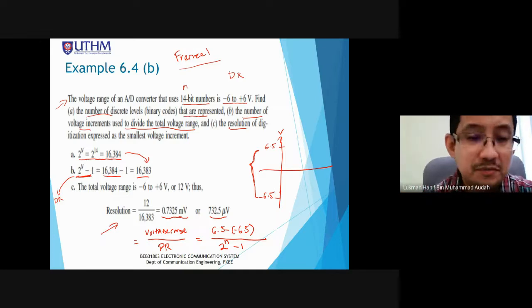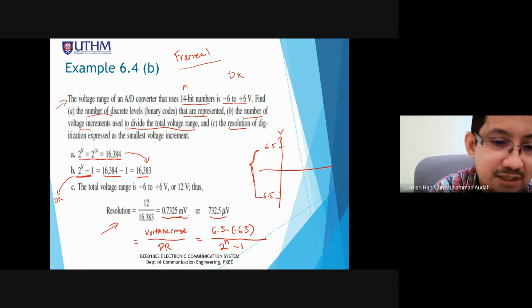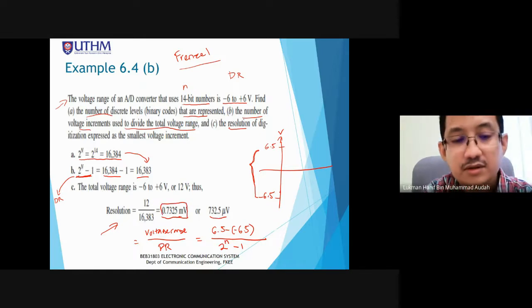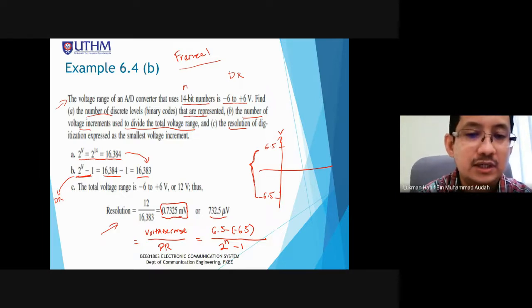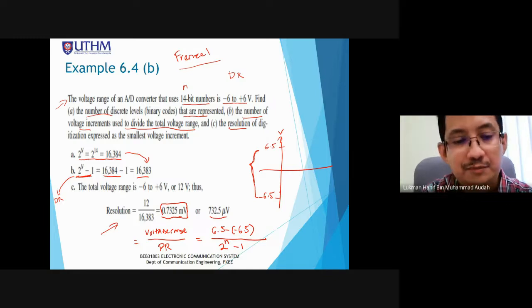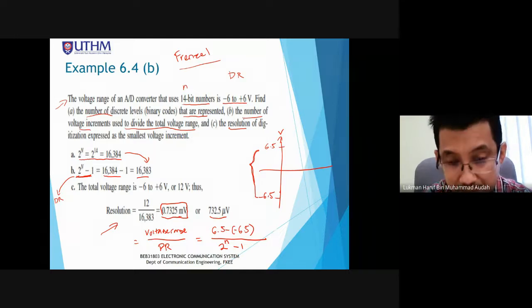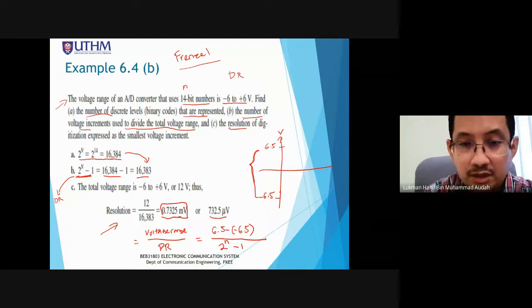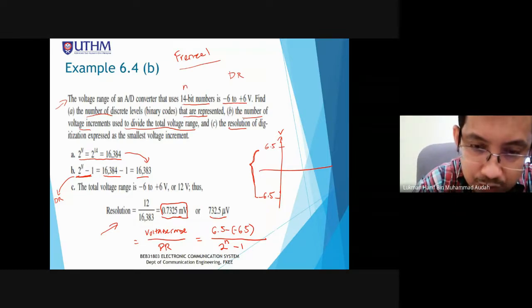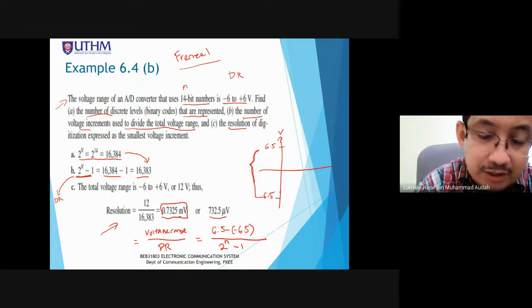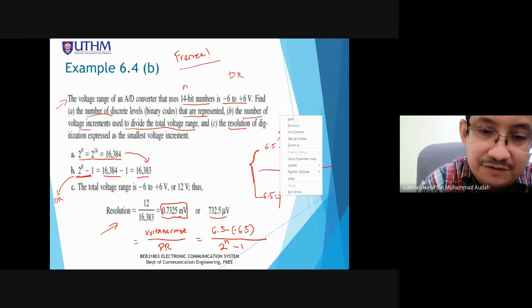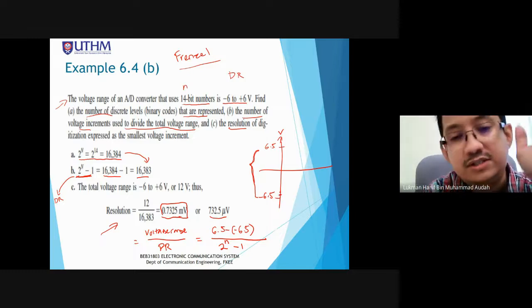Sama je lah, tak ada beza. Maknanya step size itu adalah sebanyak 0.7325 millivolt. Kalau resolution ataupun step size-nya adalah 0.7325 millivolt, maknanya apa? Kita nak cari contoh, we want to find the quantization level above the minimum. Apakah nilai quantization level selepas minus 6.5?